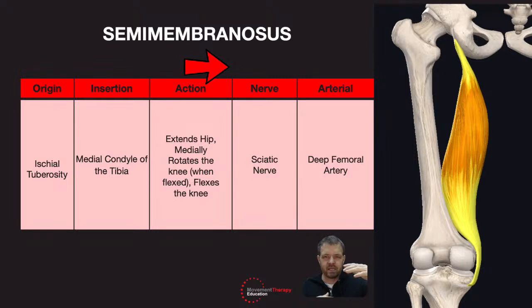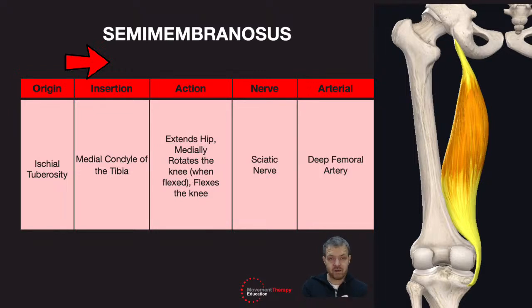When we have a look at it on the images in a second, you'll see that there's lots of white in the semimembranosus, which is the membrane section of it, and very little reddy bits, which are the muscle bits. So really long, flat membrane, and then there's a bit of a muscle belly in it. So that's why it's called semimembranosus.